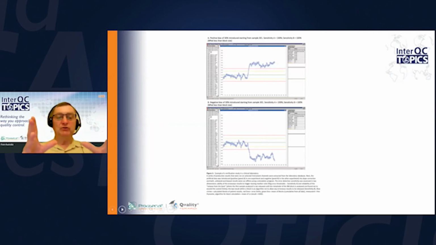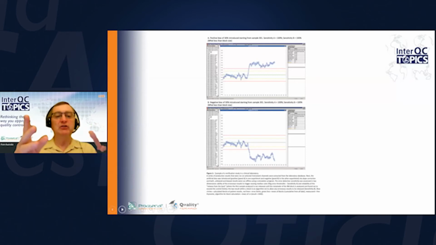So what this shows is a patient-based real-time algorithm flowchart. If you look to the left, that represents in control. You can see that the little blue dots, which represent the moving average data, are between the red lines, so it's in control. What you do in a simulation process, so that represents your patient values when you're at a stable part of your assay, you add to that data in a simulated way a bias.